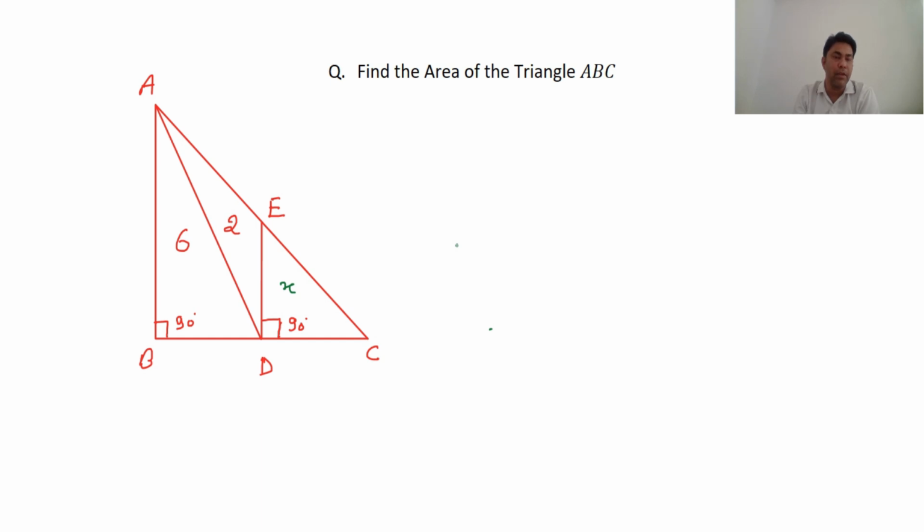So we can first assume the side length BD as A and side length AB as B. Now the area of triangle ABD will be equal to 1 by 2 times base, that is BD, multiplied by height, that is AB.